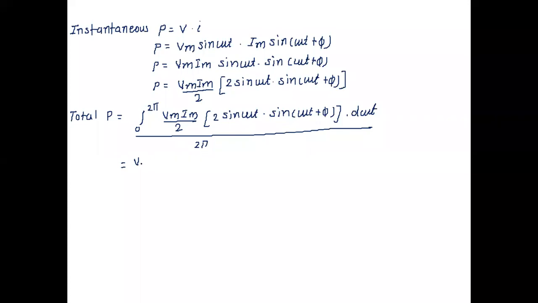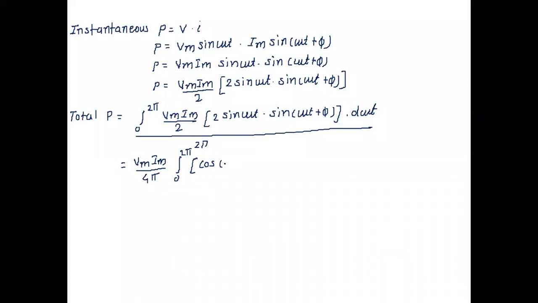So I can take that constant term outside. Vm Im upon, now this 2 into 2, it becomes 4 pi. Okay. And now in this integration, I will try to convert this 2 sine A sine B, which is nothing but in bracket cos A minus B, so that omega t minus pi.